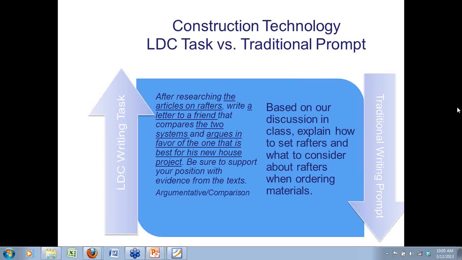So how can I go get information in another way? And that seems to be what the writing task is asking for. Also, now they have to set up an argument and justify their argument, support your position with evidence from the text. So again, supporting, saying not just this is how it is.